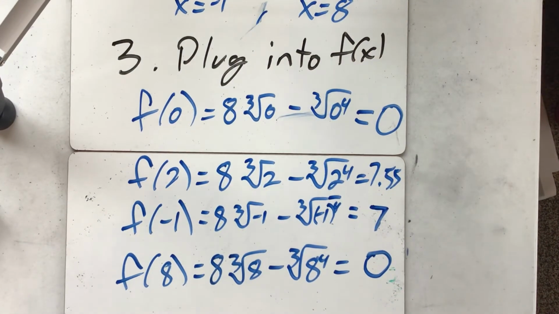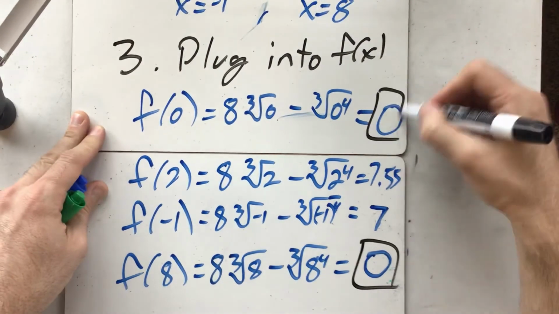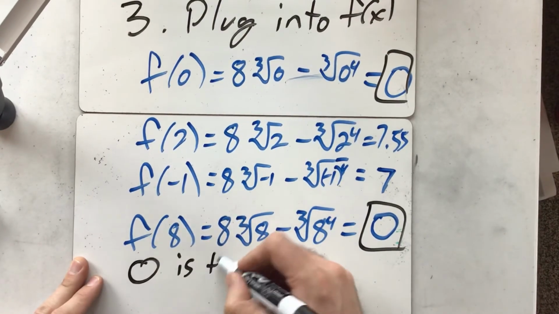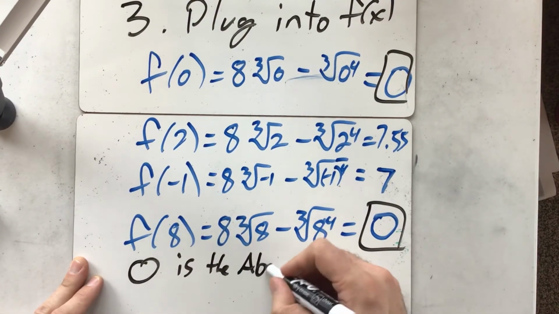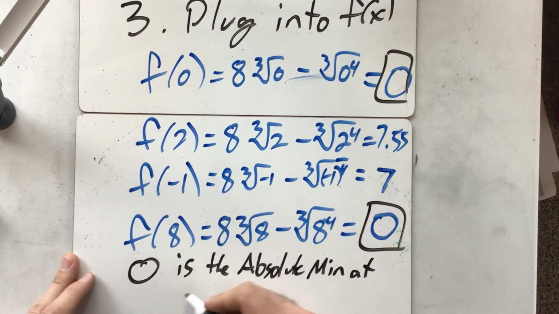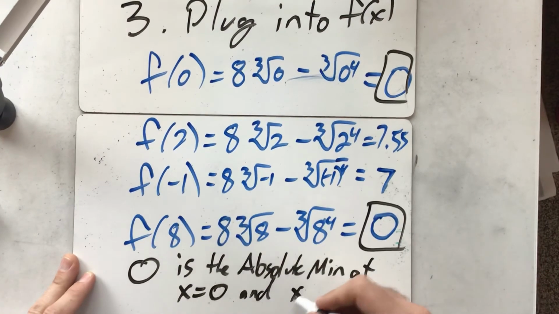So what we see is we have our answers, and all I have to do is look through and say what's the biggest and what's the smallest. Notice that these zeros are the smallest, so 0 is the absolute min at x equals 0 and x equals 8.